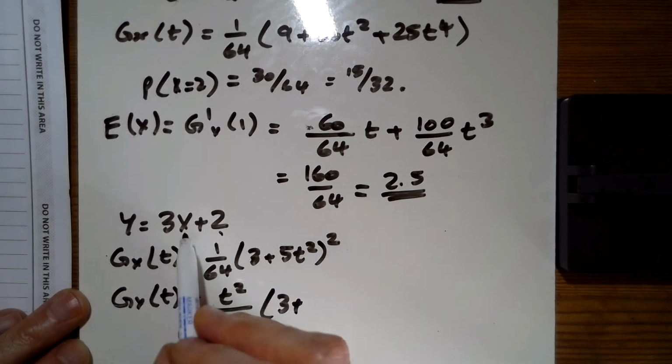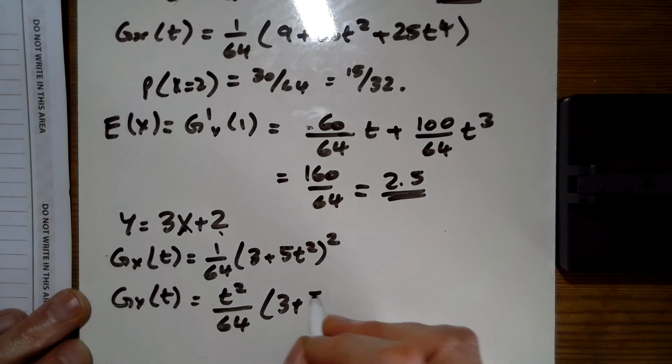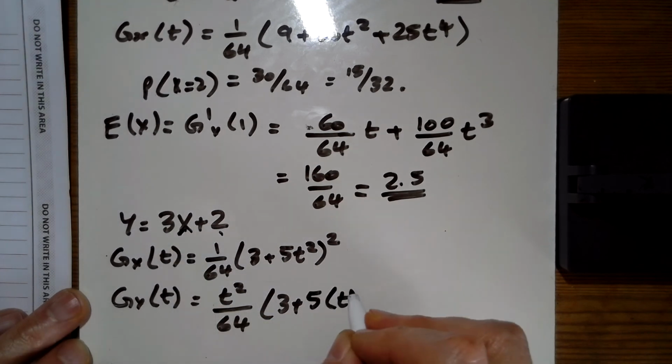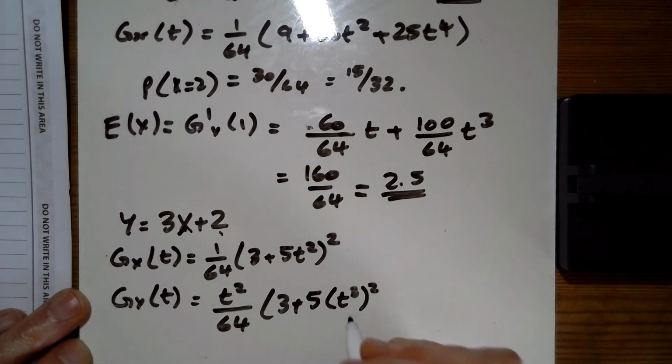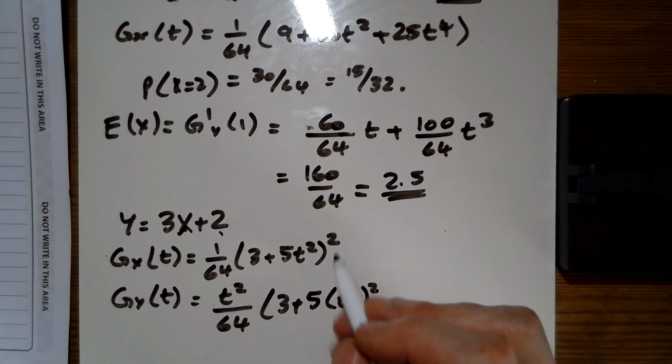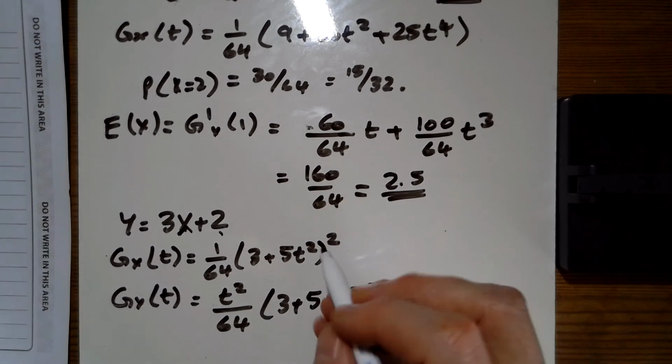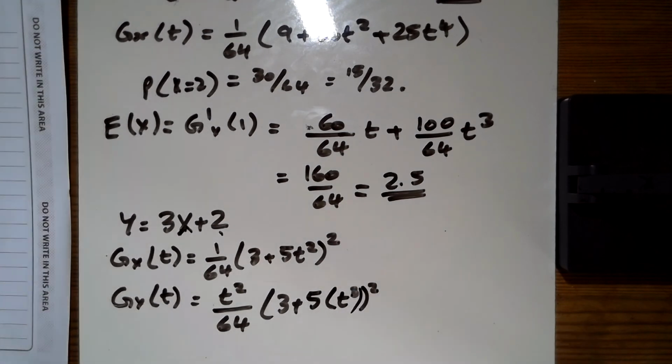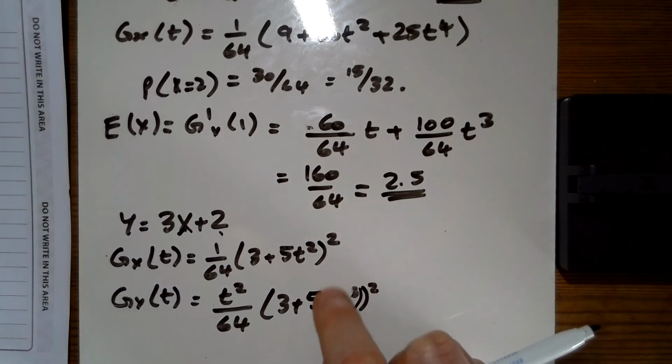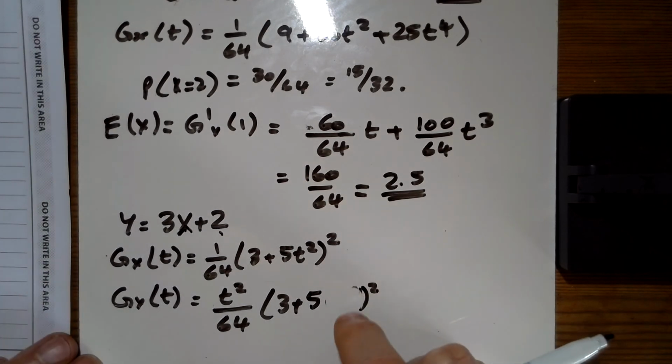And then if I want every one of them to be 3 higher, then I think I'm going to put a t cubed in there. That raises everything up. I'm missing a bracket, aren't I? 5t cubed there. No, I just put an extra bracket in by accident, didn't I?